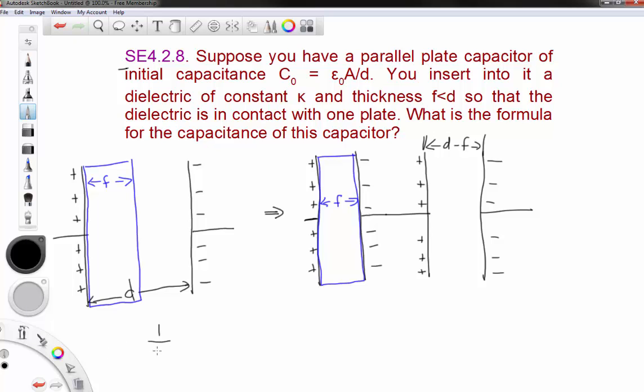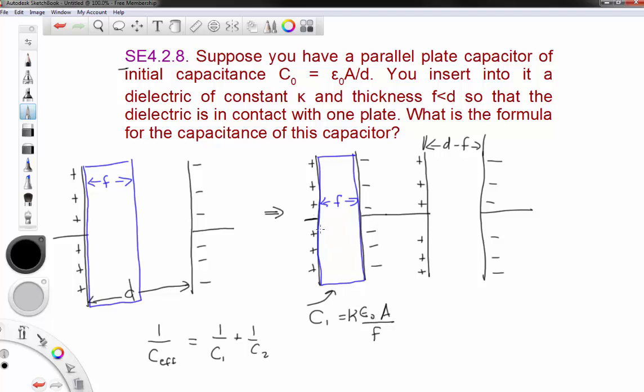You know that to find the equivalent capacitance, you basically use 1 over C is 1 over C1 plus 1 over C2. You know that C1 is going to be given by epsilon naught times A over F times kappa, because that represents the capacitance for this first capacitor that has the dielectric in it.